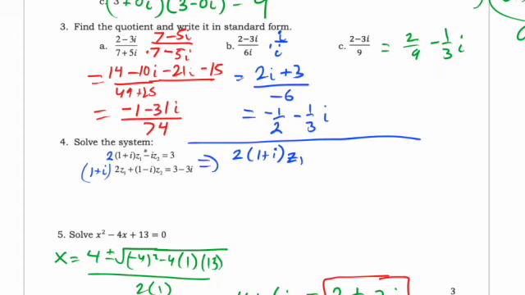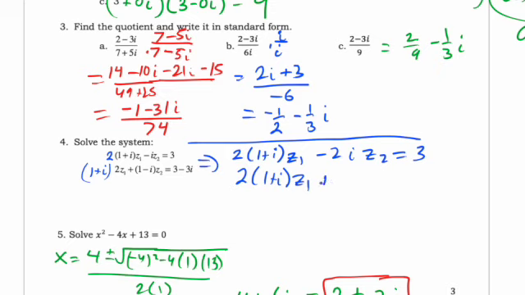Now this is going to be just 2 times that, so it's going to be negative 2i z2 equals 3. And down here, same thing, 2 times 1 plus i z1, and these are conjugates, right? So it's going to be a squared plus b squared, which is 2.